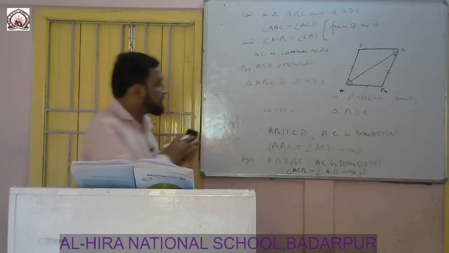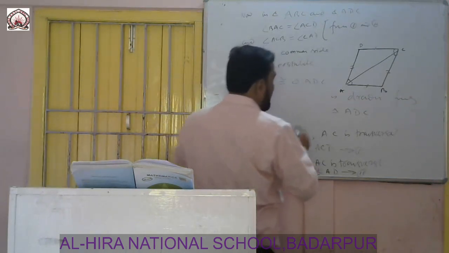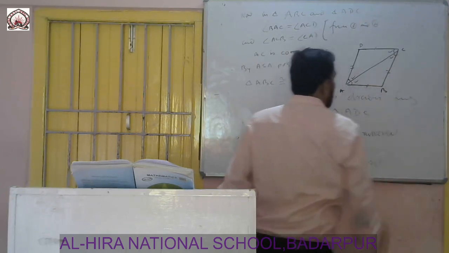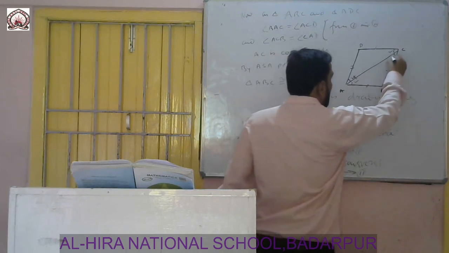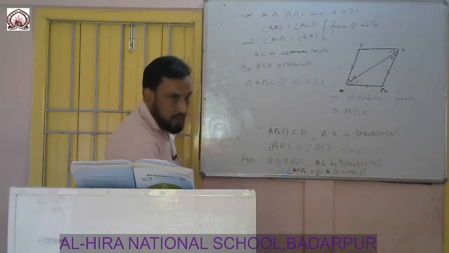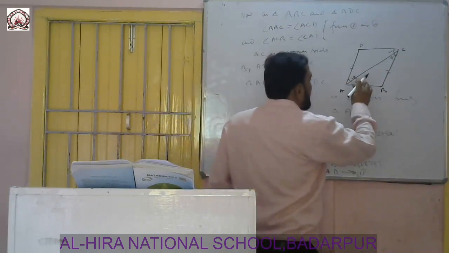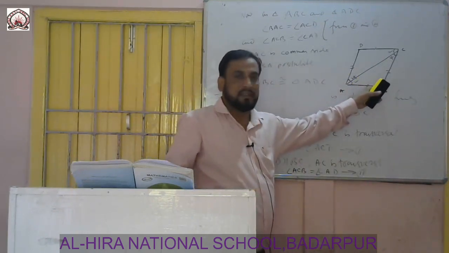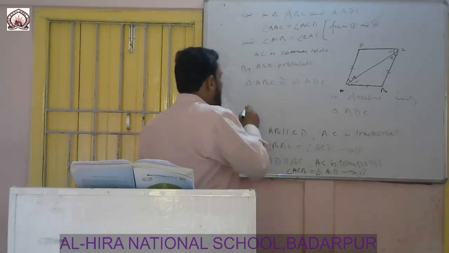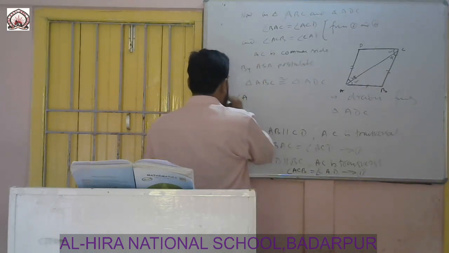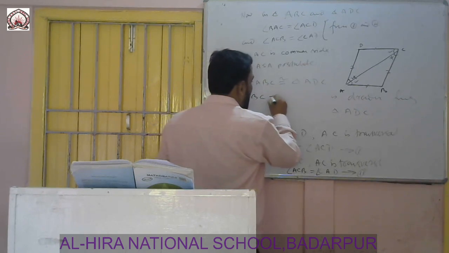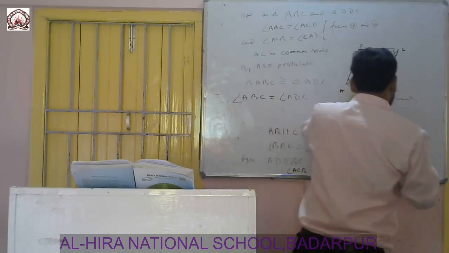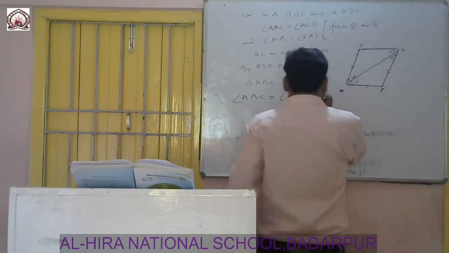So you see, this angle is equal to this angle, this angle is equal to this angle. In triangle ABC, we have used two angles, so we can say that the third angle is also equal. So triangle ABC is congruent to triangle ADC.